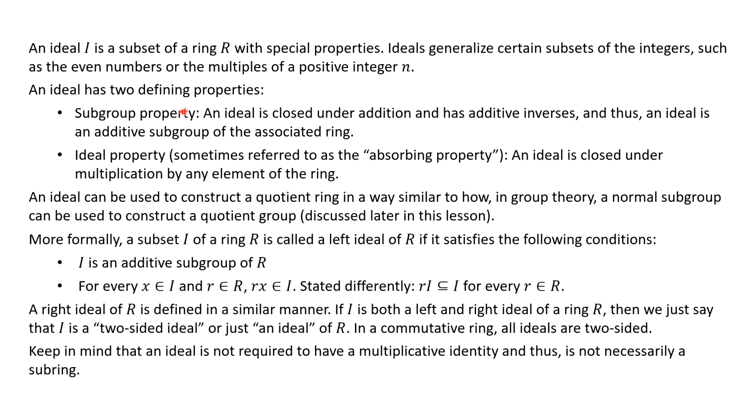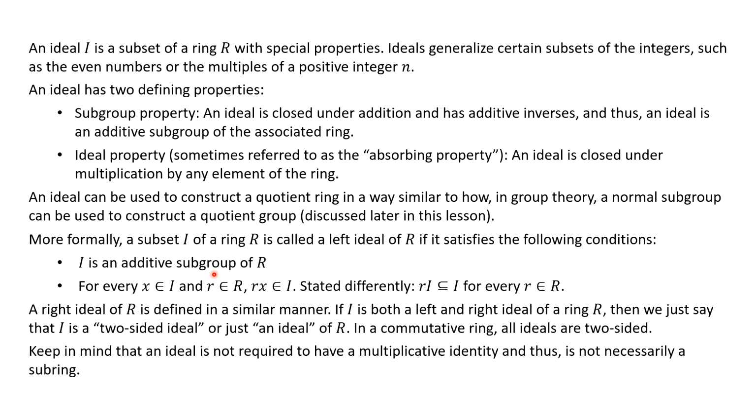So more formally, just putting these two conditions down a little bit more precisely, a subset I of a ring R is called a left ideal of R if it satisfies the following two conditions.